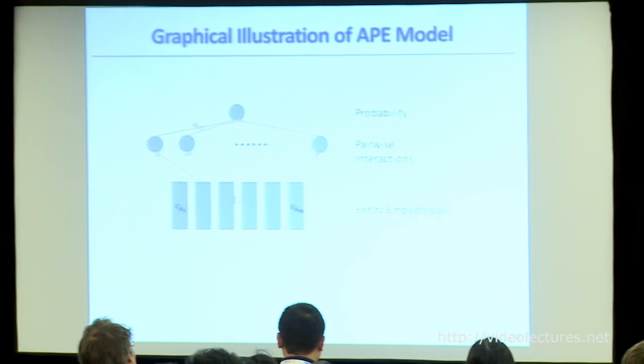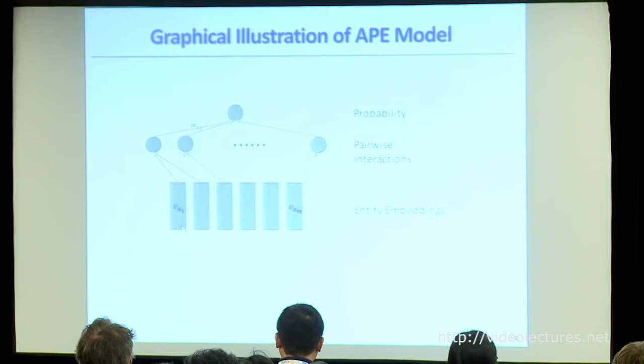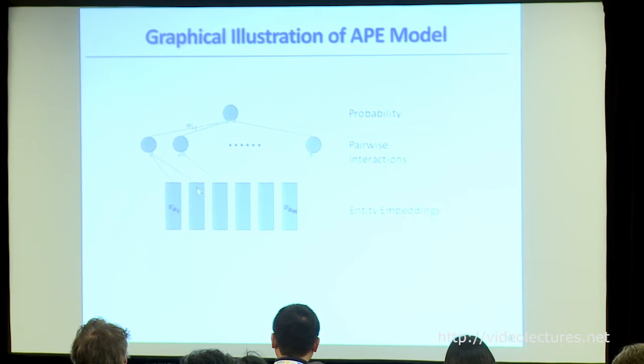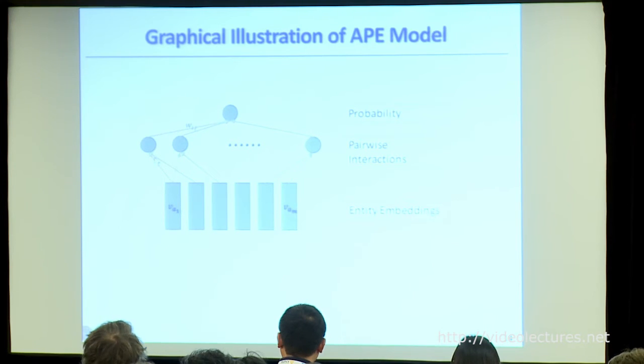So now we have this graphic illustration of our model. Basically, we embed every entity into a low dimensional vector, okay? Then based on these vectors, we decompose each event into pairwise interactions.